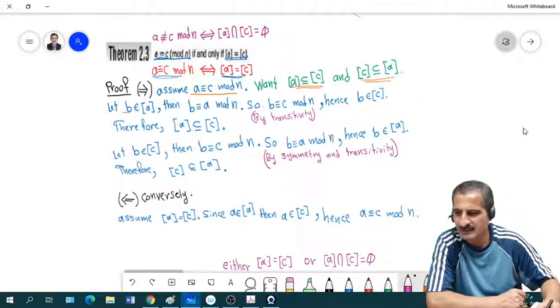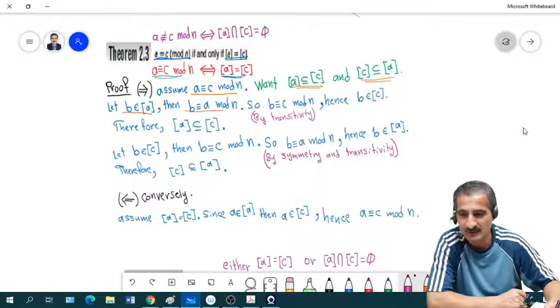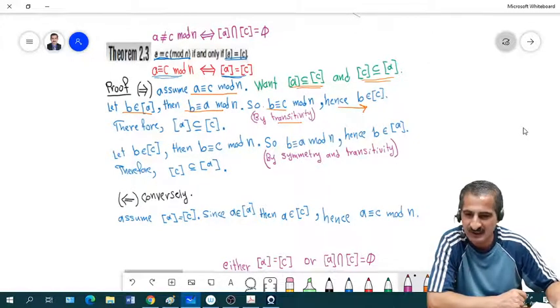We choose an element B in the equivalence class of A, and since it is in the equivalence class of A, it is congruent to A. Now we have B congruent to A and A congruent to C, so we use transitivity, and this gives B congruent to C, and that means B lives in the equivalence class of C.